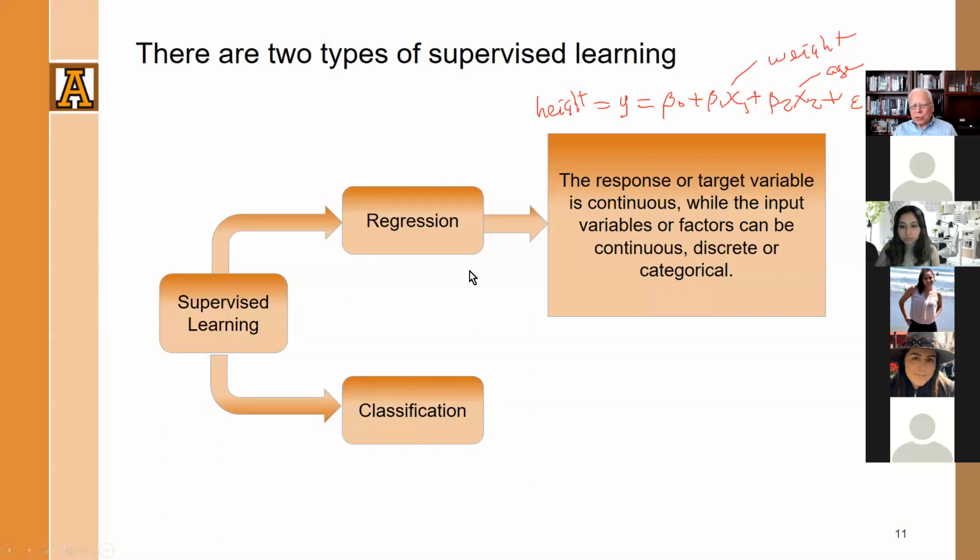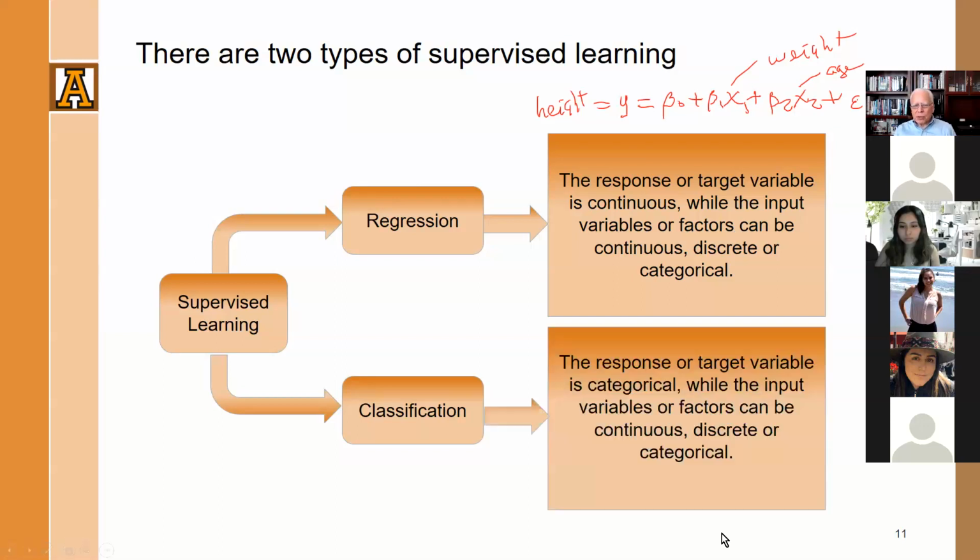We will not focus on this part because you do that in the regression analysis course. We will focus on classification. That's when the response or target variable is categorical. It could be 2 categories, or 3, 4 categories, whatever. The input variables, in both regression and classification, can be continuous or not.